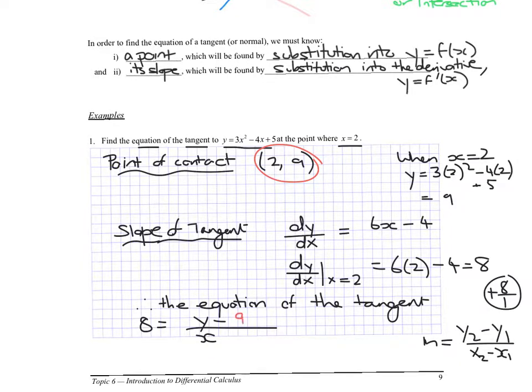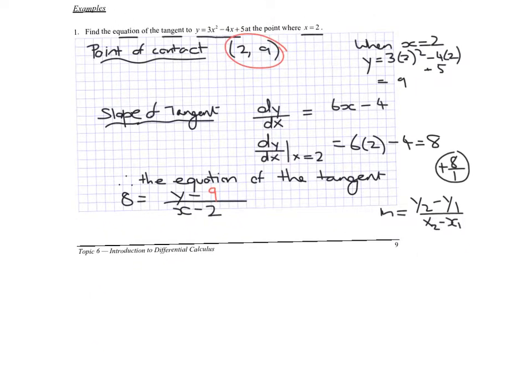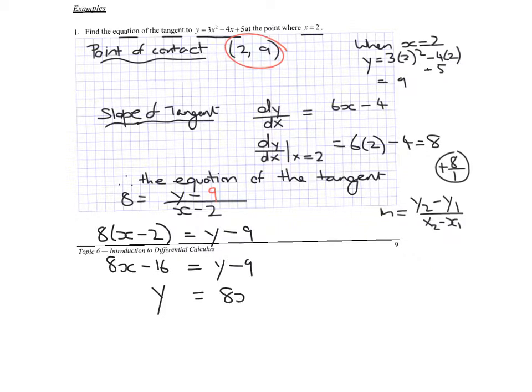So it's going to be y take 9, which is the y value, or y1, over x take 2. Alright? Now I'm not quite in the right format yet, but if I cross multiply, that means I'm going to get 8 bracket x take 2 equals y take 9. So 8x take 16 equals y take 9. So y equals 8x take 7.